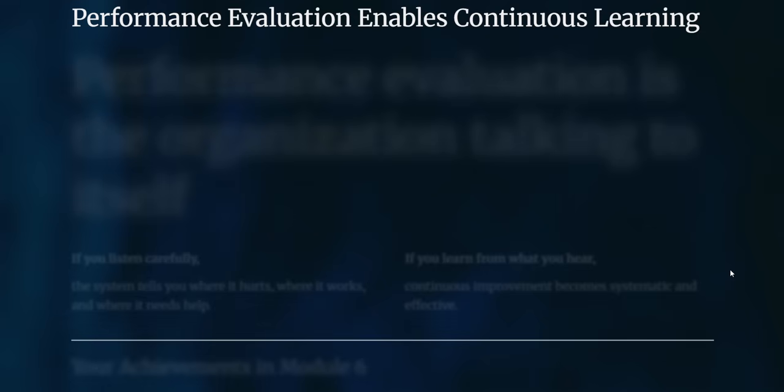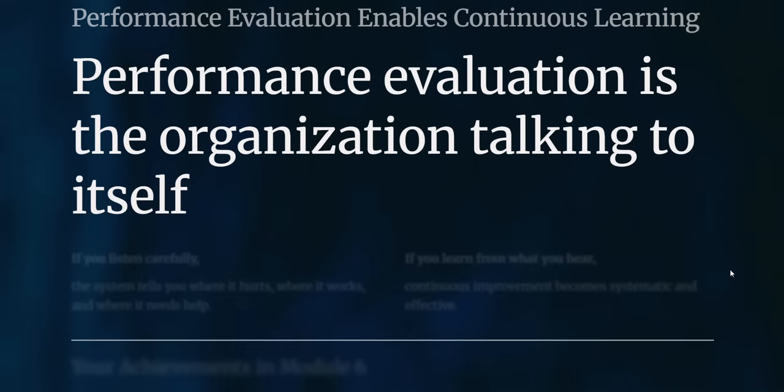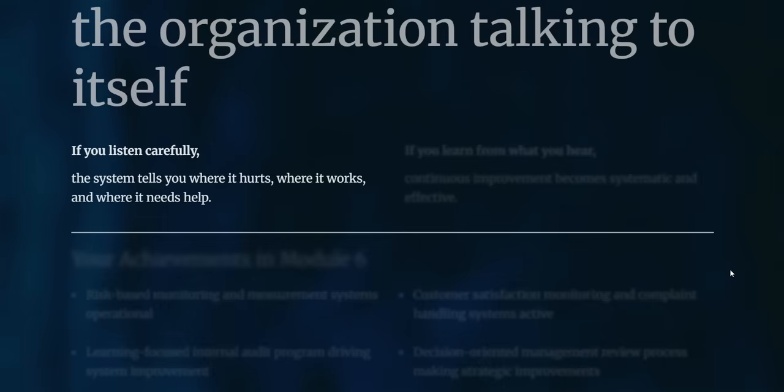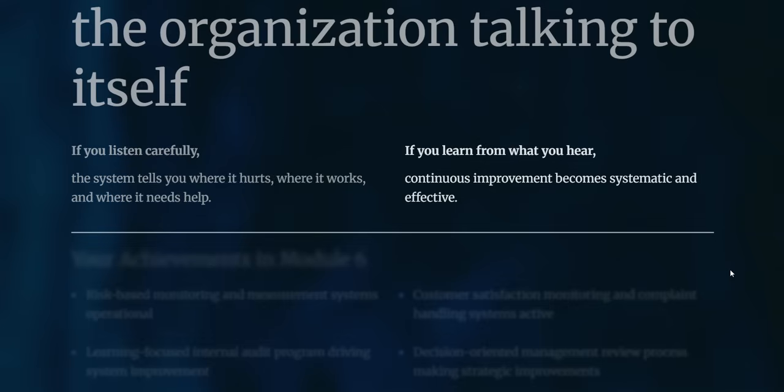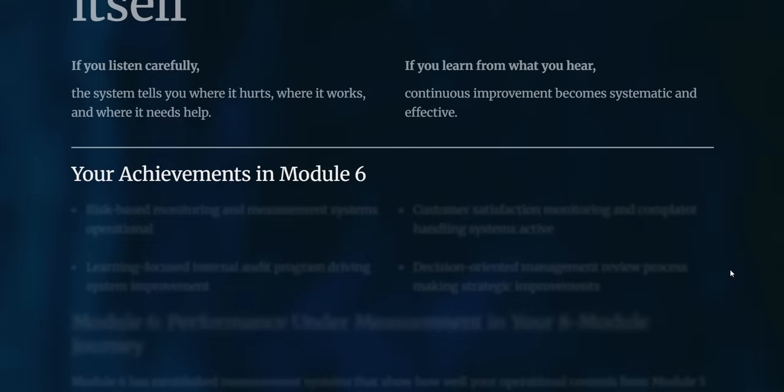Performance evaluation enables continuous learning. So performance evaluation is the organization talking to itself, like we said before, and this is what we addressed today. If you listen carefully to your performance, the system tells you where it hurts, where it works, and where it needs help. If you learn from what you hear from your system, continuous improvement becomes systematic and effective.